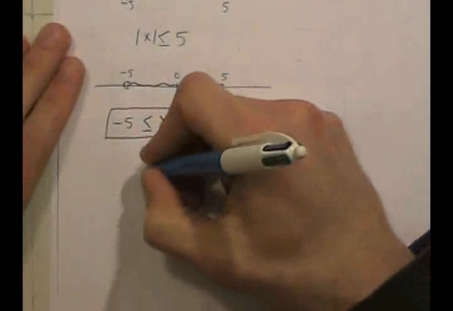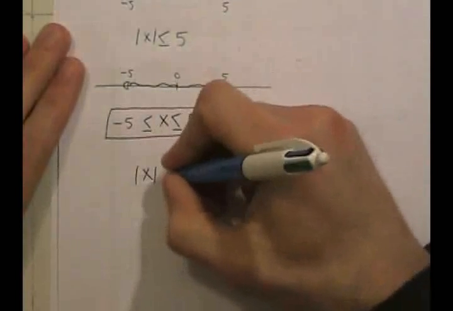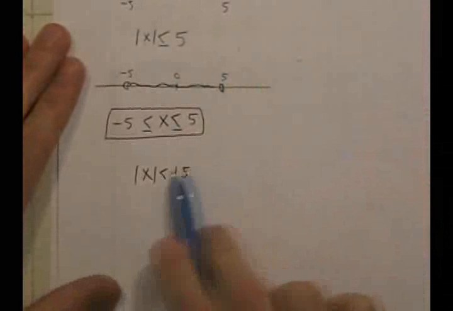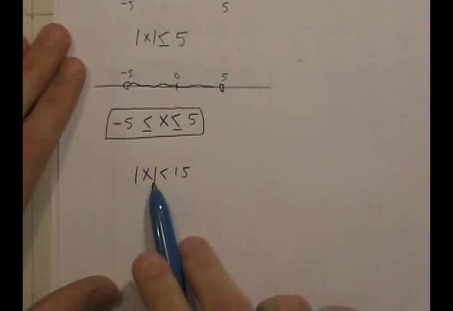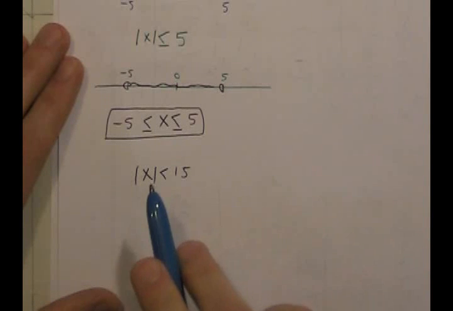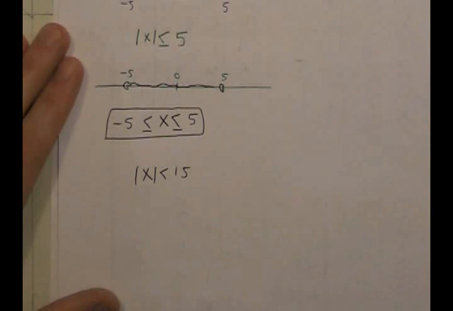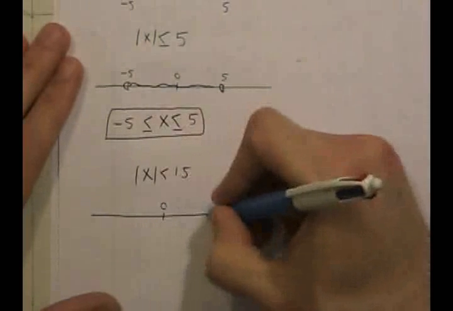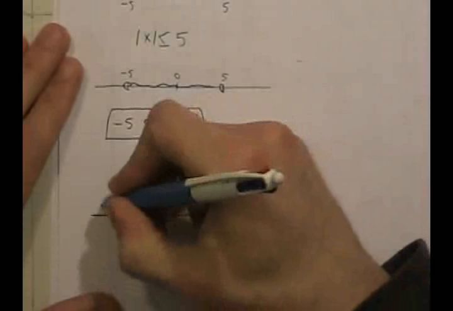So for example, if I say absolute x is less than 15, you should think, this is asking me for all numbers that are less than 15 units away from 0. So, number line, 0, here's 15, here's its opposite.